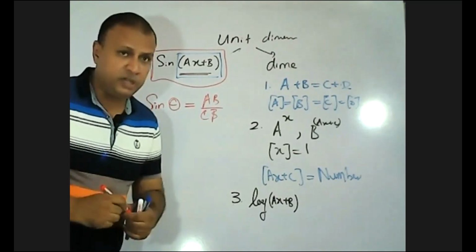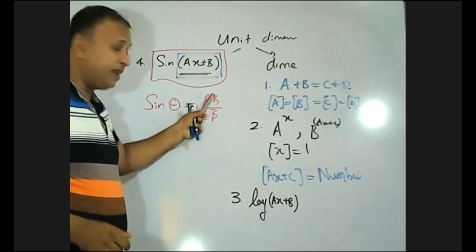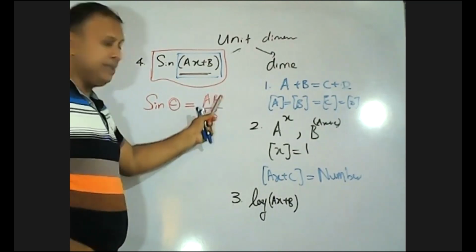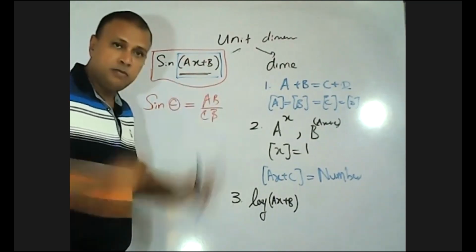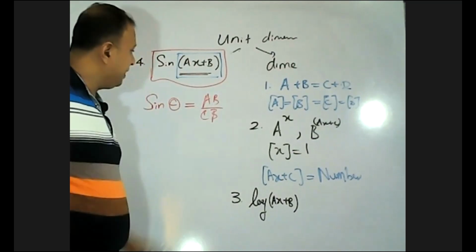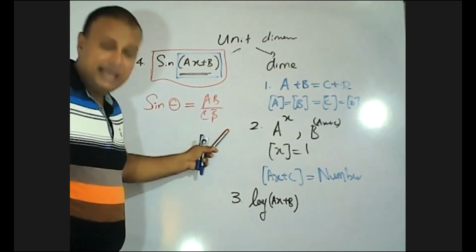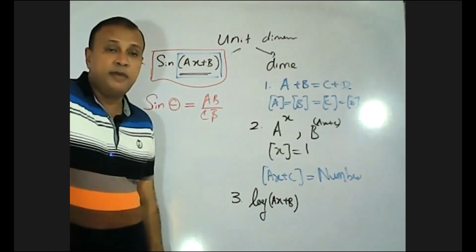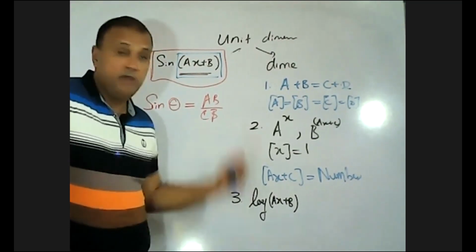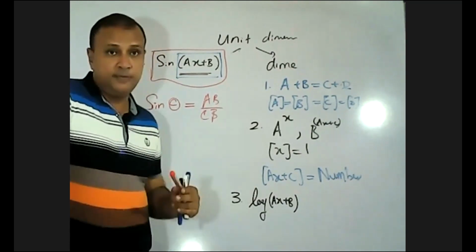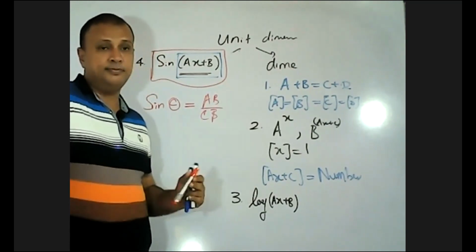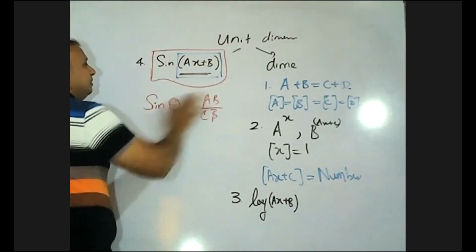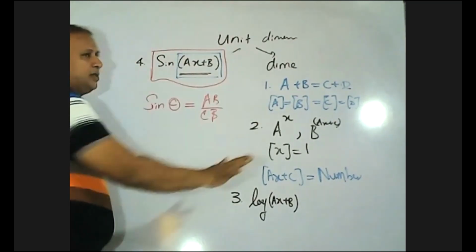That means if we apply dimensional analysis here, L to L will be cancelled out, then trigonometric ratios won't have a dimension. Okay. That means the entire part doesn't have a dimension.